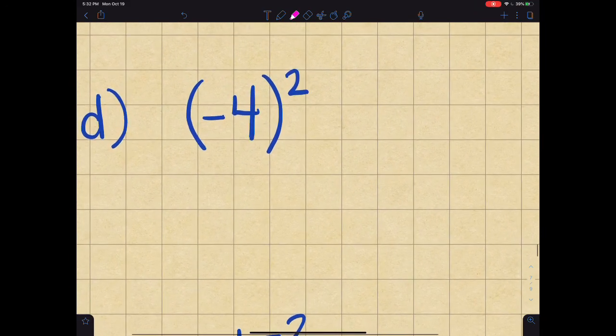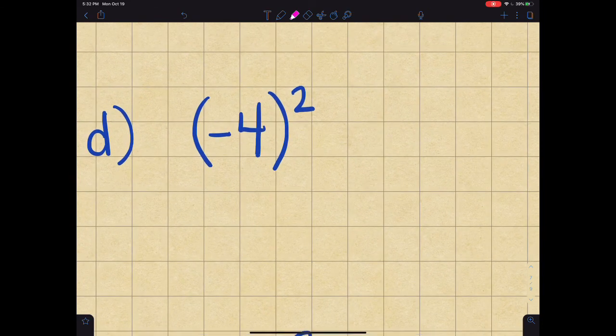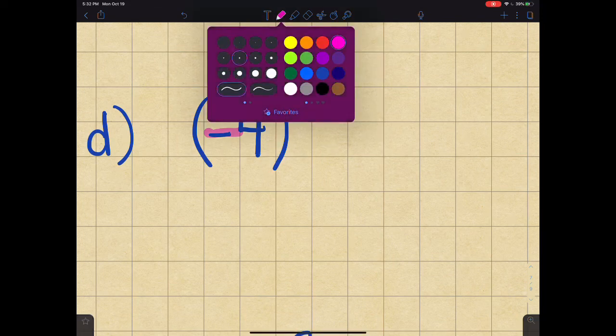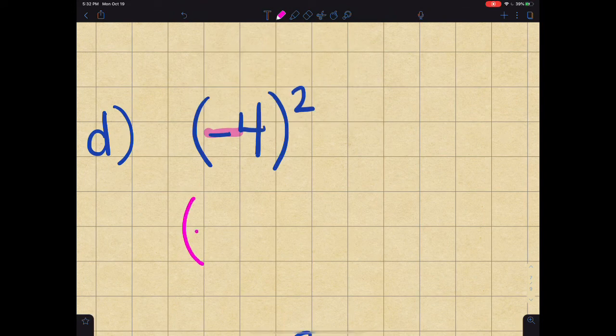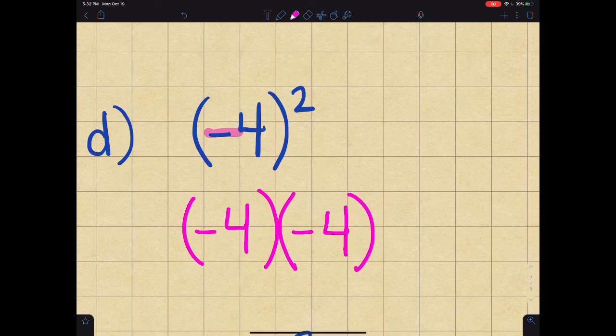Now, in this case, the negative sign here is protected by these parentheses, so we cannot cover it with a fingertip. And in fact, what we're going to do is square negative 4 times negative 4. If you do it my way, when I look at the exponent, I think the exponent applies to what's immediately in front of it.